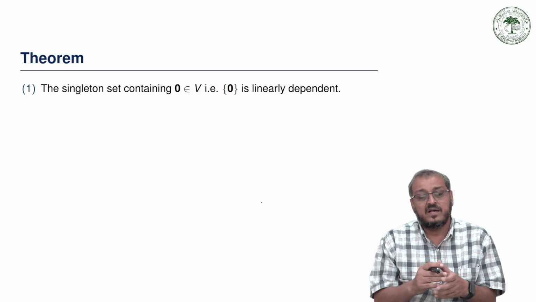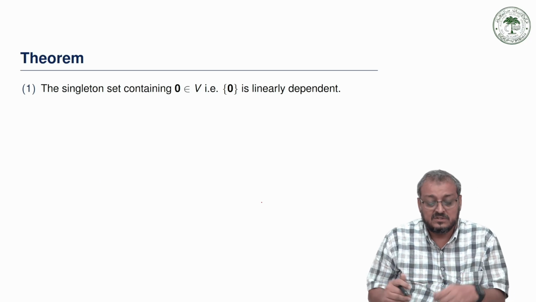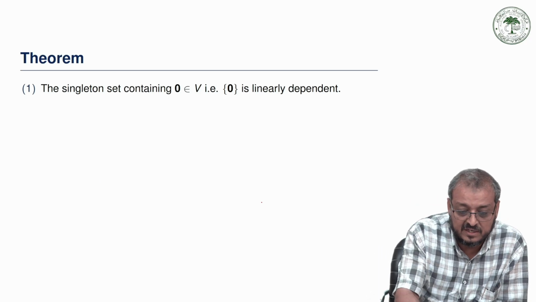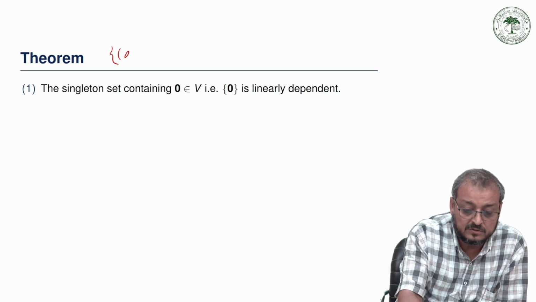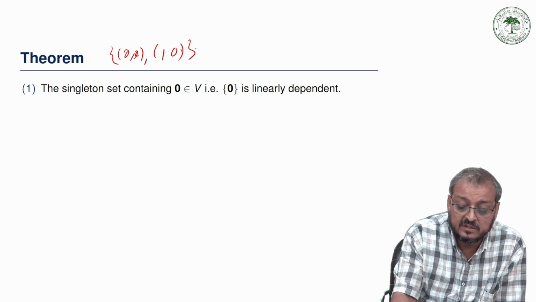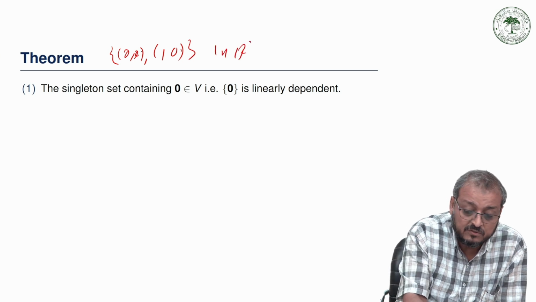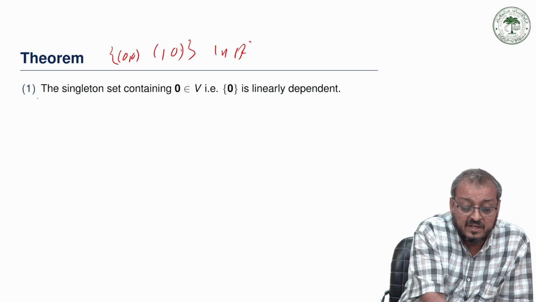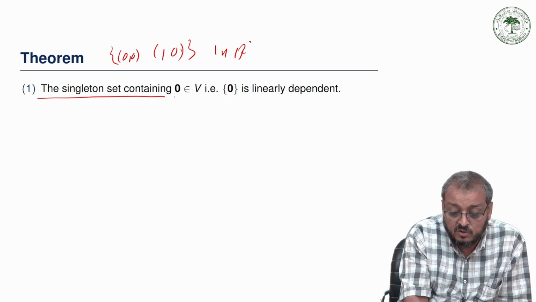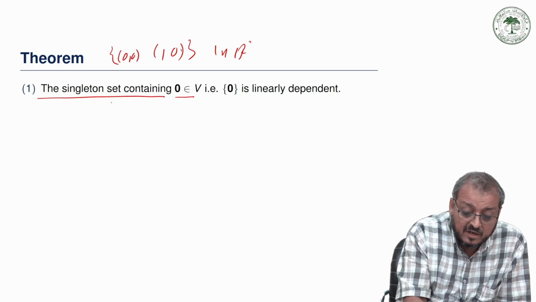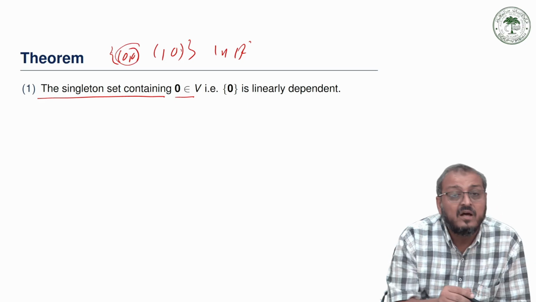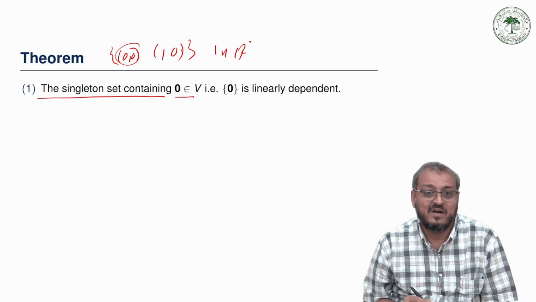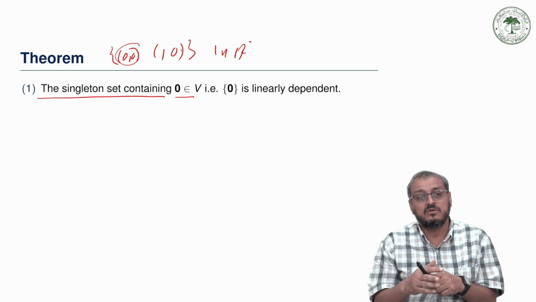In the last exercise I took one example in R2, the set containing (0,0) and (1,0). This set contains the 0 element, which means this set is always linearly dependent. This is the easiest case for us.